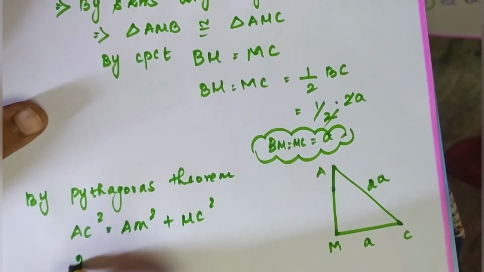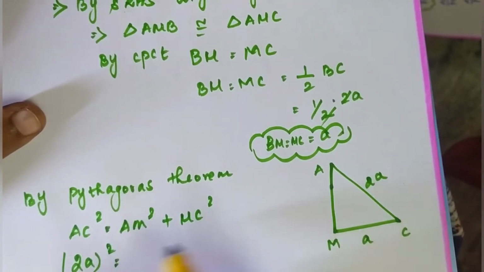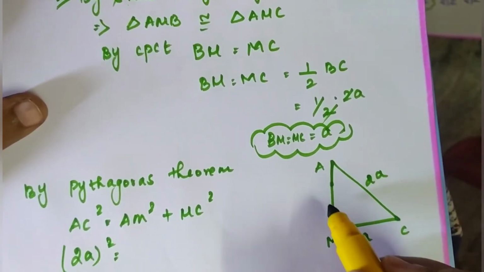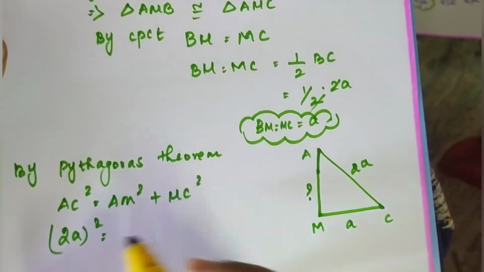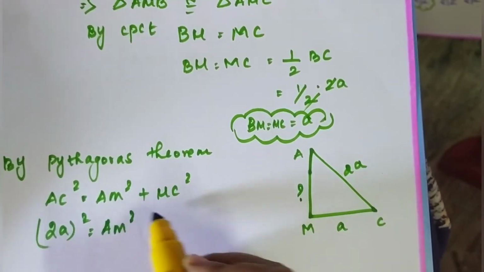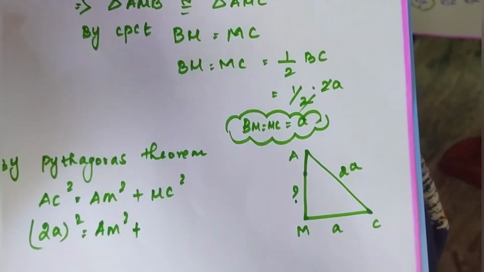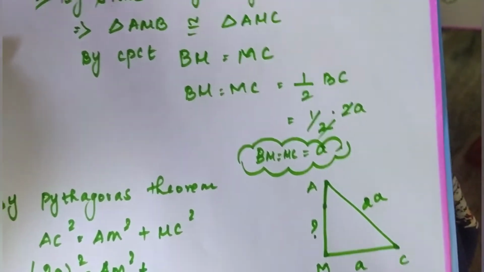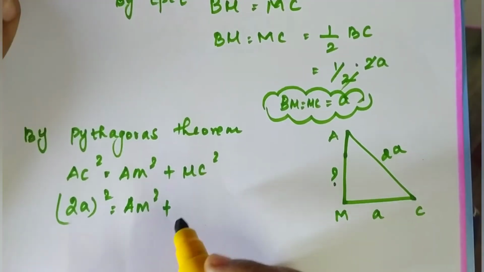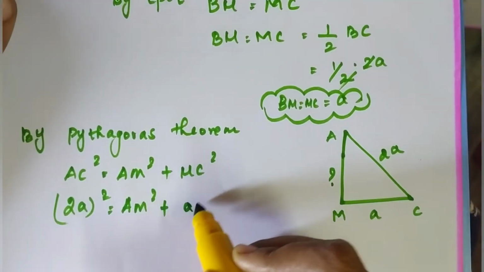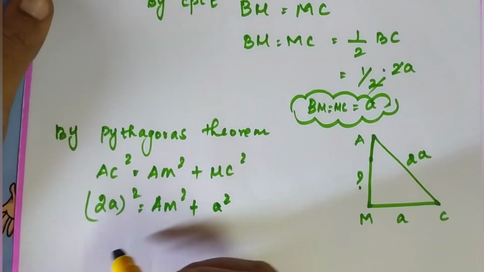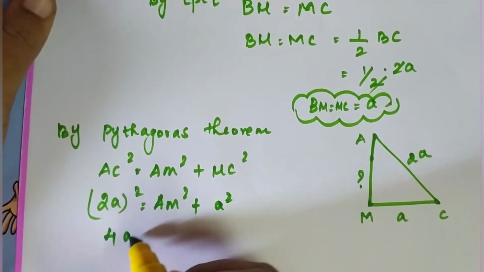AC square is (2A) whole square is equal to AM square, this we have to find, plus MC square, instead of MC we can write A square. So 4A square.